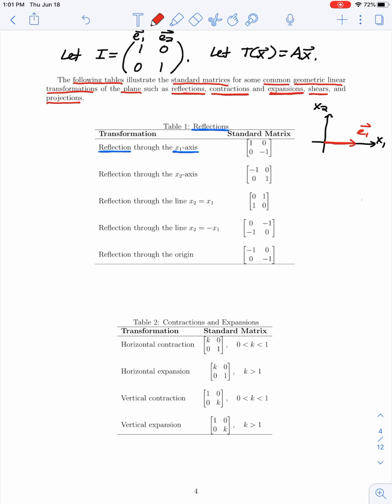So the image of E1 under reflection about the x1 axis is itself, 1, 0. Now if we look at the vector E2, which is 0, 1, when we reflect that vector about the x1 axis, we get the vector moving in the exact opposite direction, the negative of E2. That is the vector 0, negative 1. So our standard matrix for that transformation is the matrix shown here.